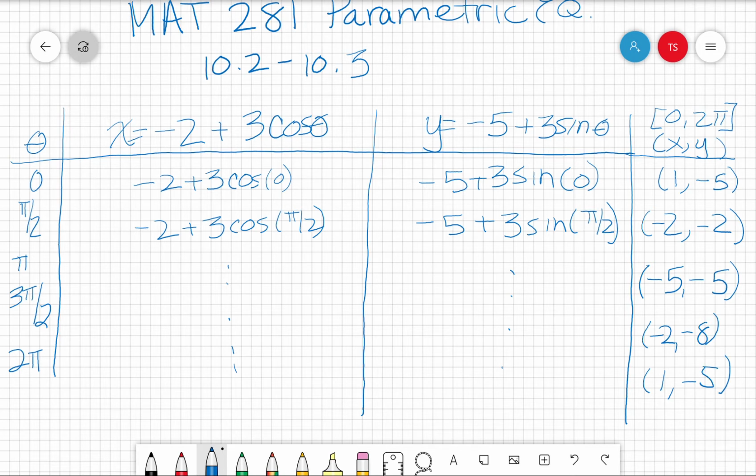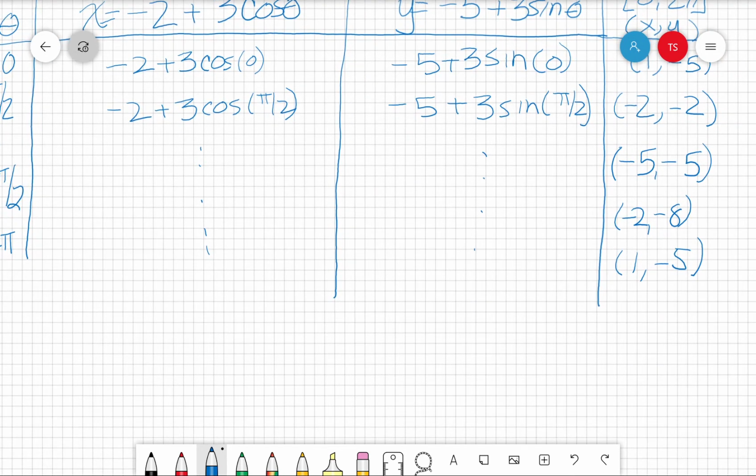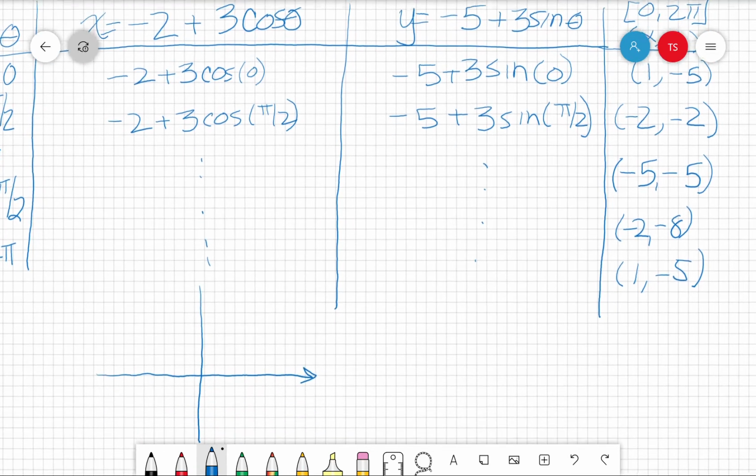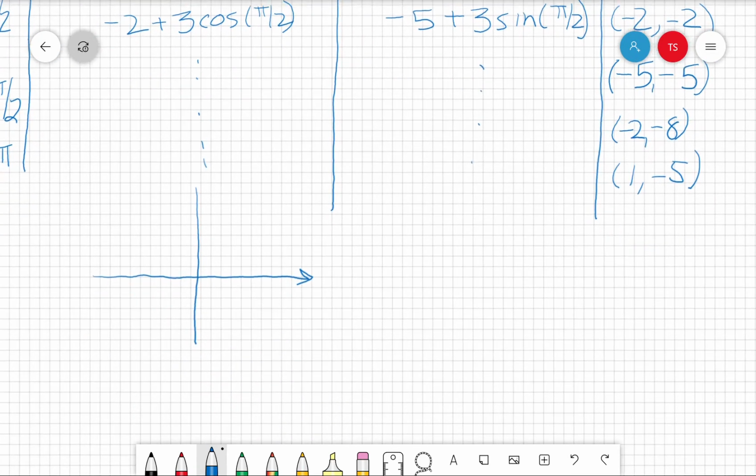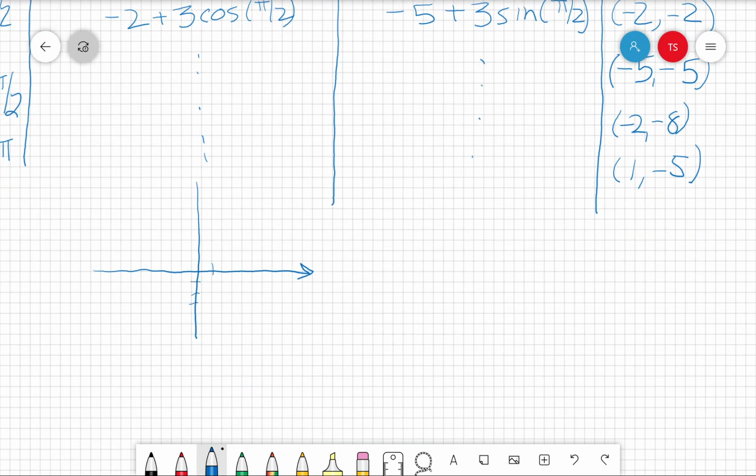And so when we're graphing these points, we want to graph these in order so that we get the correct orientation. So starting off at 1, -5, and then at -2, -2. So we're moving in this direction. That's what we call our orientation. And then -5, -5.